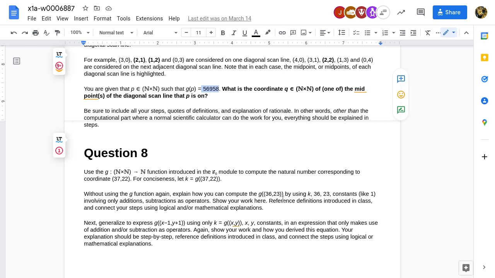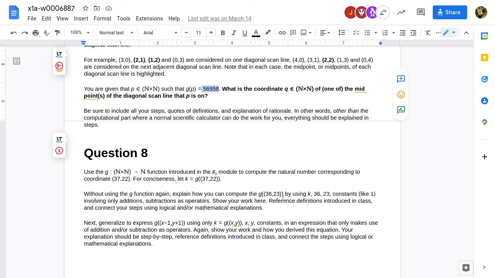And let's see, what is it asking? Using the G function introduced in the aleph null module, I even tell you it's aleph null, to compute the natural number corresponding to the coordinate of 37, 22, for conciseness k equals 2, G of 37, 22. So that would be pretty easy to compute, right?